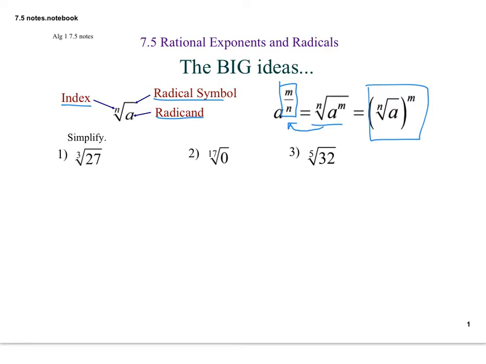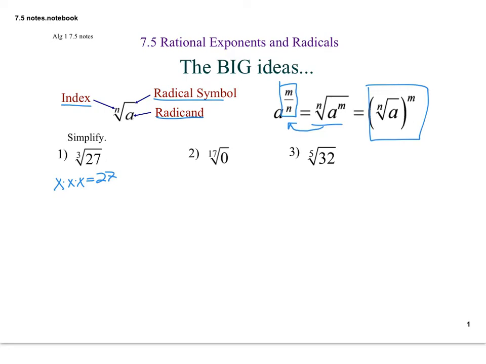Number 1, we've got the cube root of 27. So we're trying to figure out, if we raised some number to the third power, what would we get? What would that x value be to equal 27? If you wanted to, you could take your calculator and use the guess and check process.